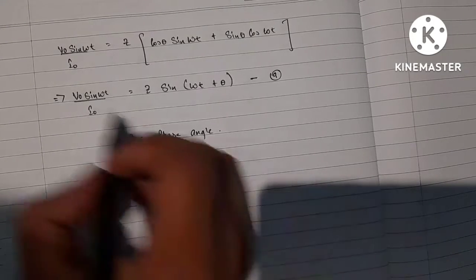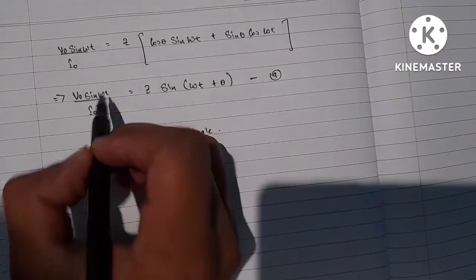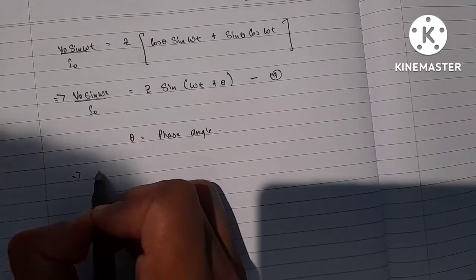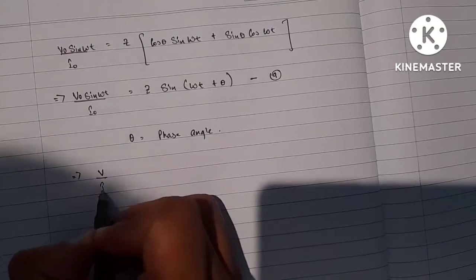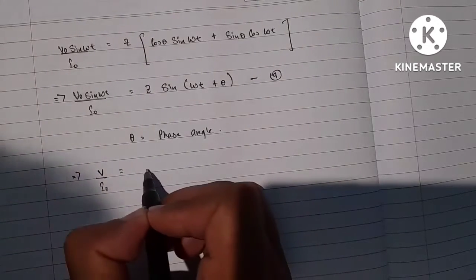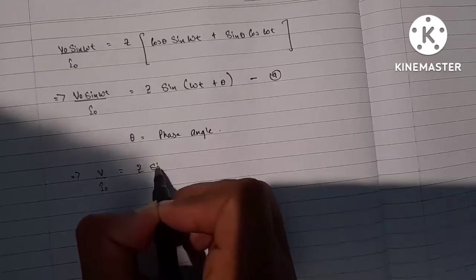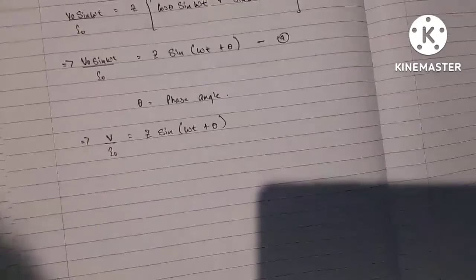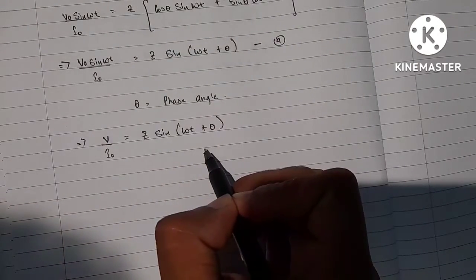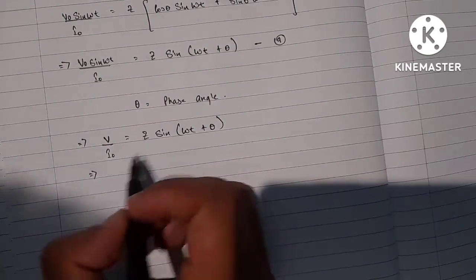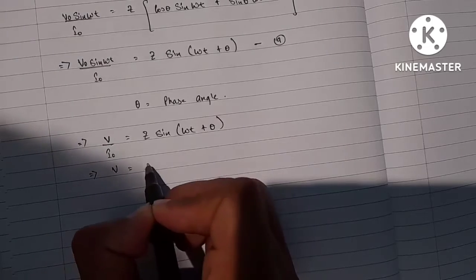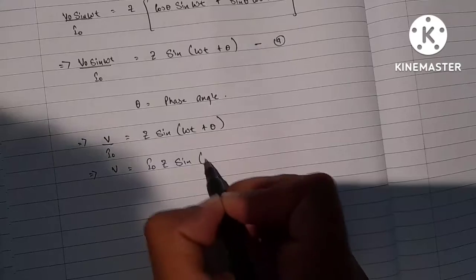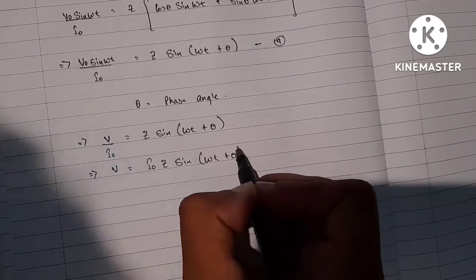As we know that V0 sin omega t is V, replacing it with V, we get V by I0 equals Z sin (omega t plus theta). Further simplifying this equation, we get V equals I0 Z sin (omega t plus theta).